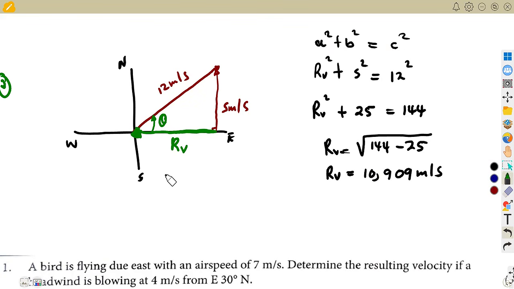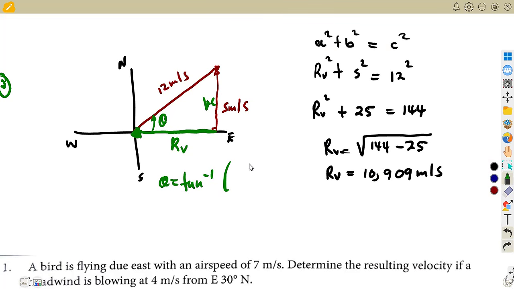Then the theta, which is your direction, is going to be arctan of the opposite, which is our vertical component, over the adjacent. So the adjacent is this one, which is the resulting. We are not going to take this side. Opposite over adjacent.